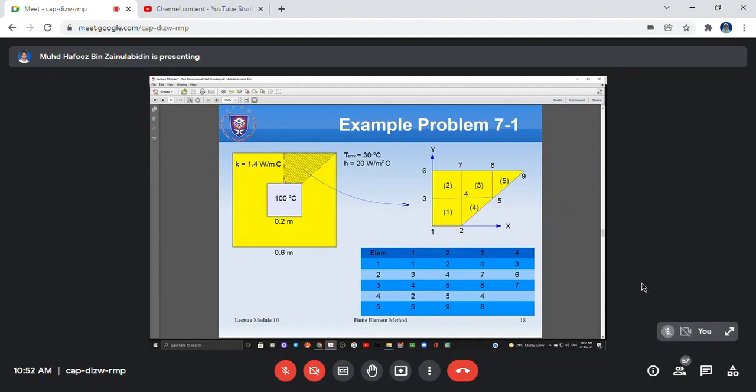Maybe we can choose the top right quarter here. Or we can cut further into a 1/8 model.